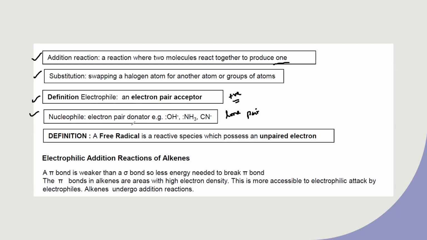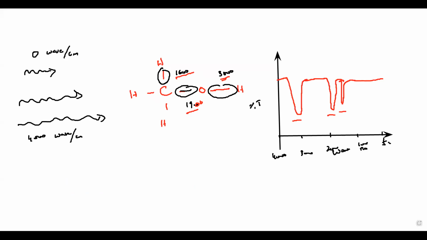For the types of reaction we have discussed here, it can be a substitution reaction. So you have to learn the mechanisms. Number one, there is the free radical substitution reaction in alkane.